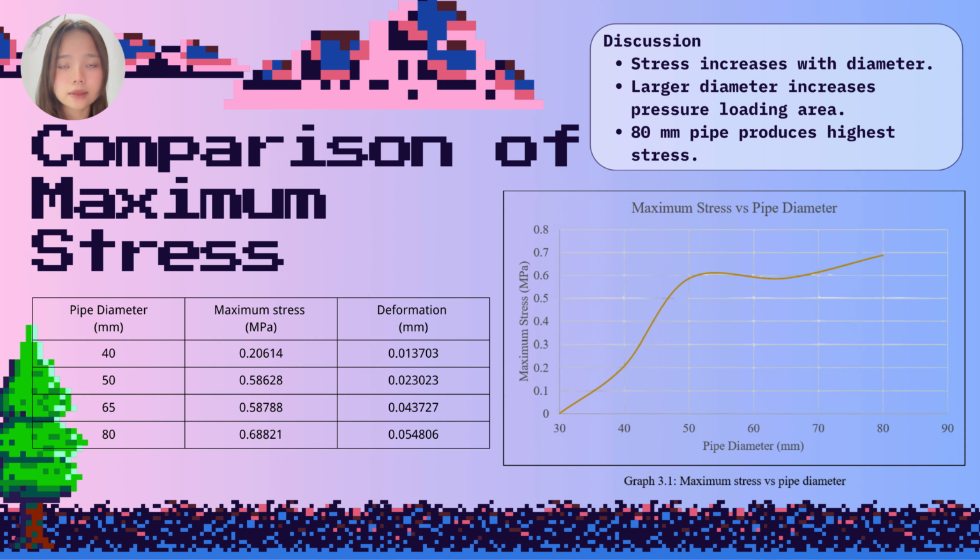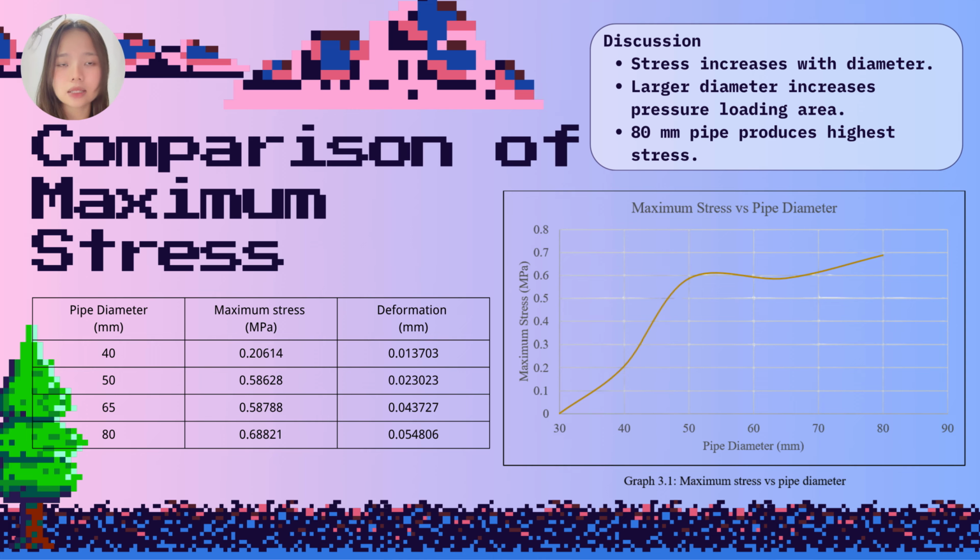Next, I will discuss the comparison of maximum stress for different pipe diameters. Based on the graph, the maximum stress generally increased as the pipe diameter increased. For the 40 mm pipe, the maximum stress is 0.206 megapascal. The value increased to 0.586 megapascal for the 50 mm pipe and 0.588 for the 65 mm pipe.